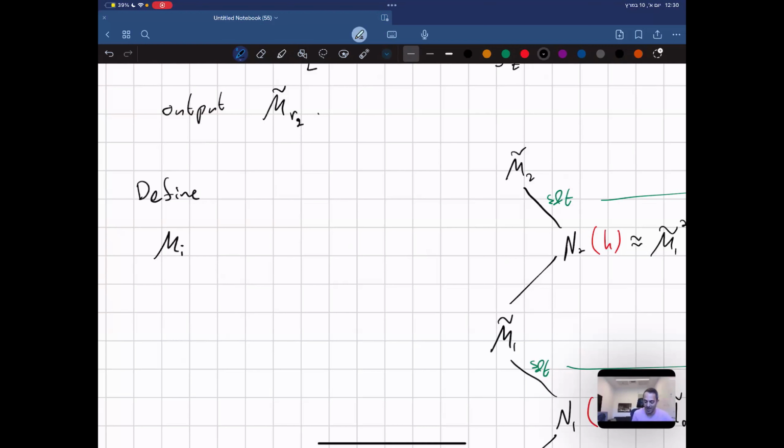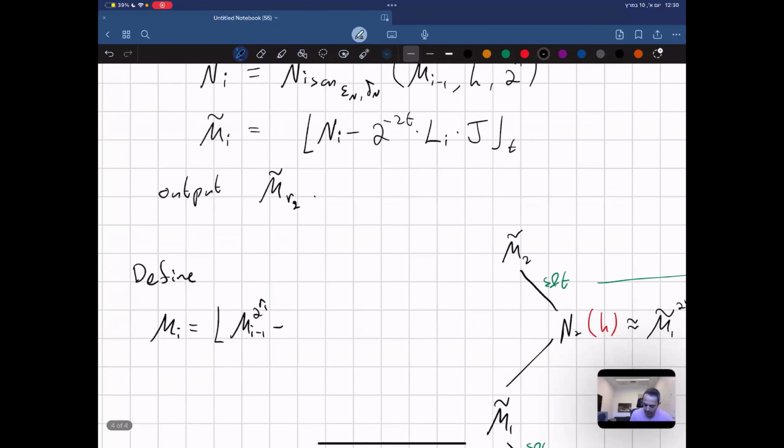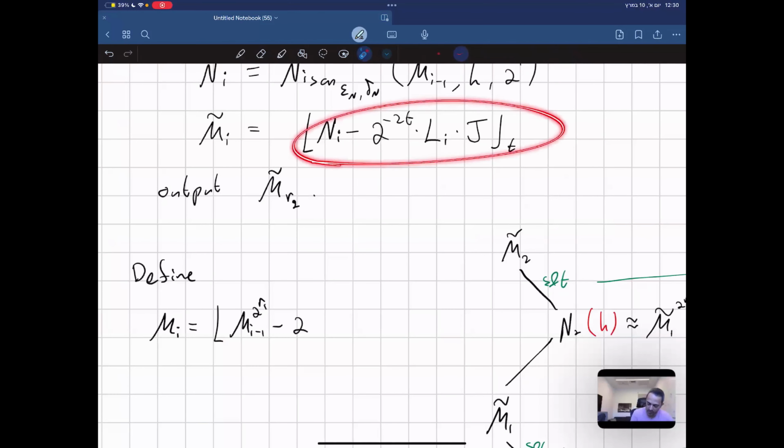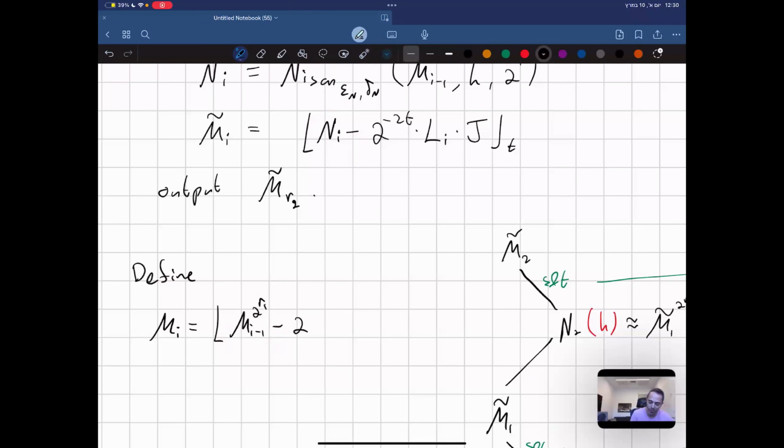We're going to call them MIs without the tildes. So MI is going to be, you take the previous element in the sequence, rather than Nissan's applied to it, and then you do the shift like we did here. I'm just going to replace this Ni with the actual power, not an approximation of that. I'm going to define that recursively, and M0 is A.